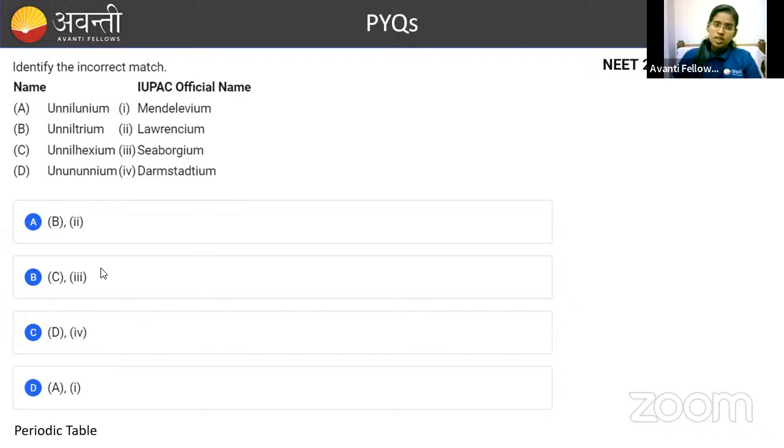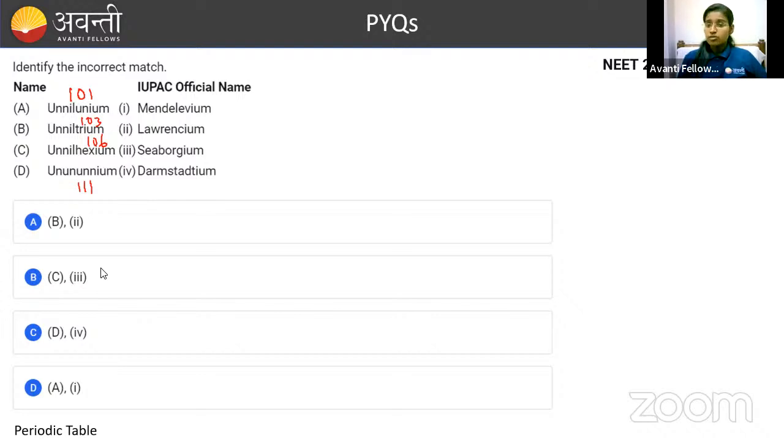Using this name, you can find out the atomic number. Unnilunium means it is 101. Unniltrium means it is 103, tri means 3. Unnilhexium means it is 106. And unununium means 111. So these are the atomic numbers.